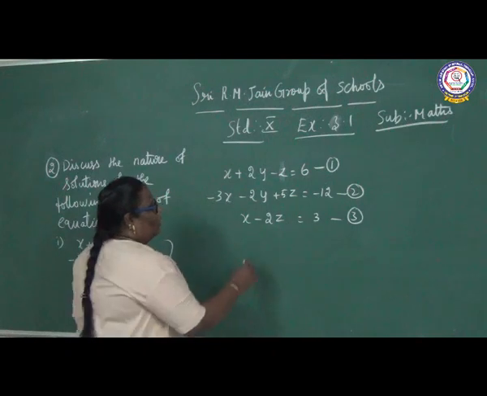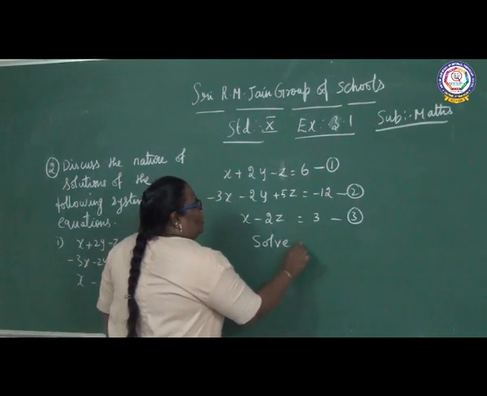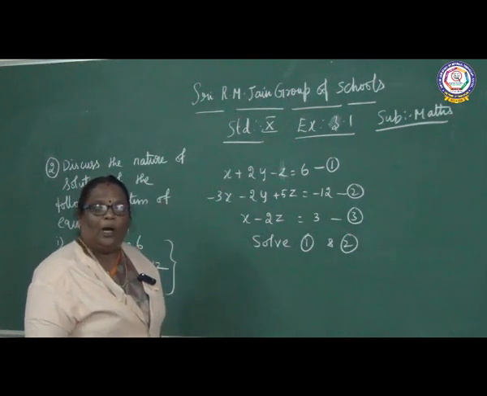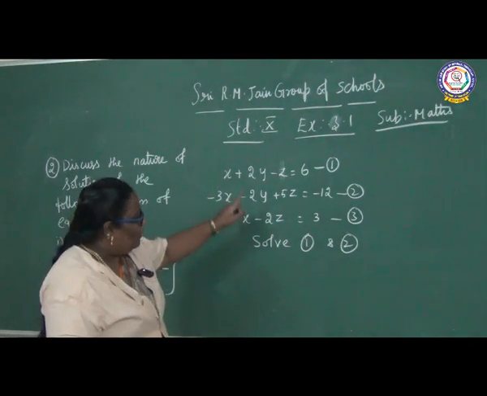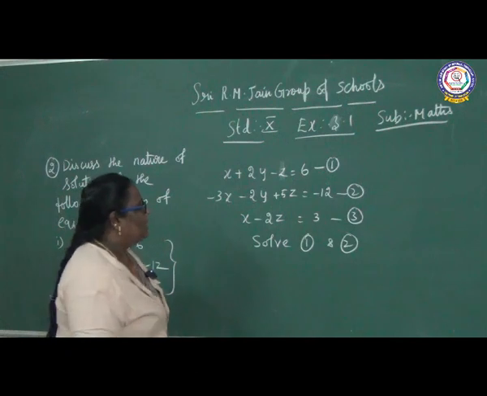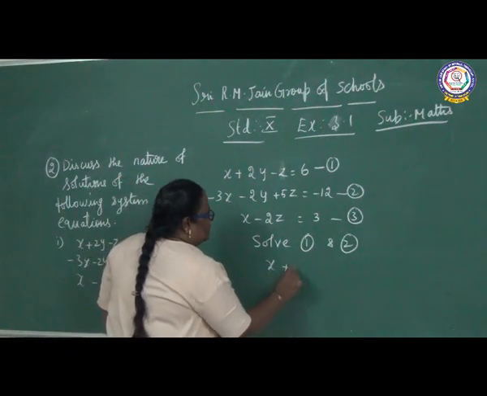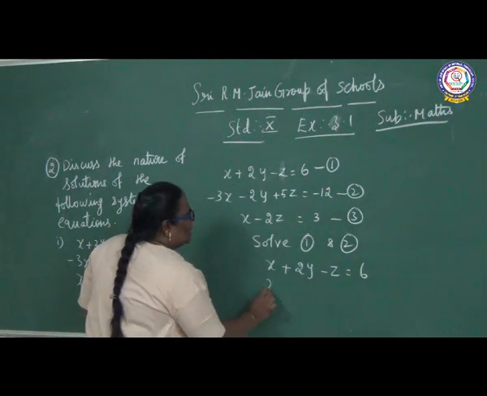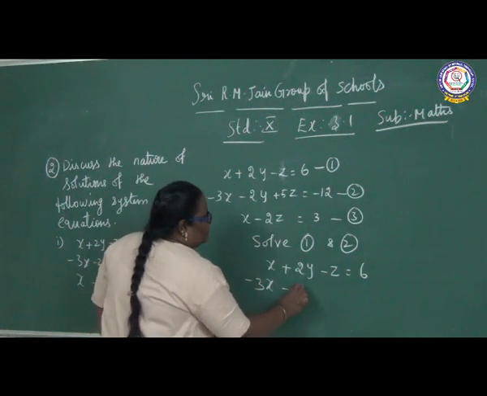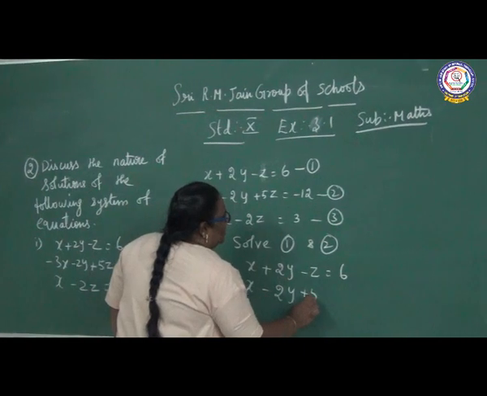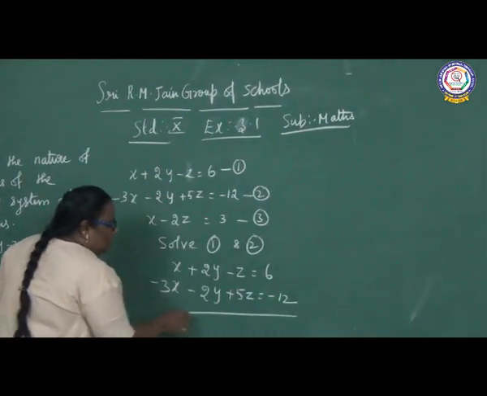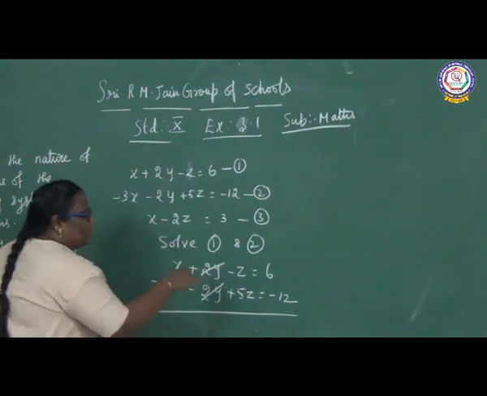See, I can solve 1 and 2. I told you before itself, I want to cancel the value of y. See here, x plus 2y minus z equal to 6, minus 3x minus 2y plus 5z equal to minus 12. So, cancel plus 2y and minus 2y.